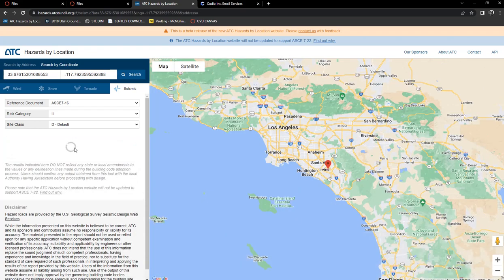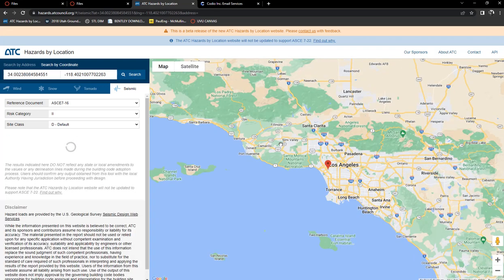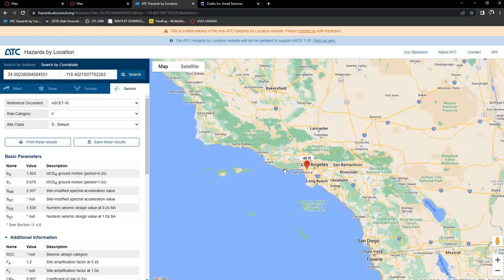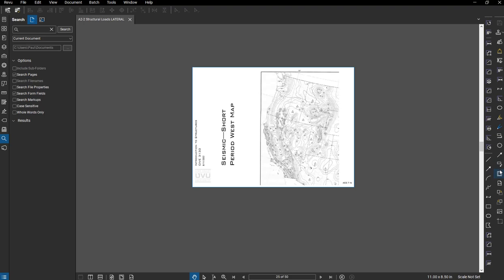You can see, oh, that drops down in Irvine. Let's see what it is here in LA. So 1.9. Okay, so we can use that. It's a pretty effective tool, and that gives us some of our starting seismic parameters.